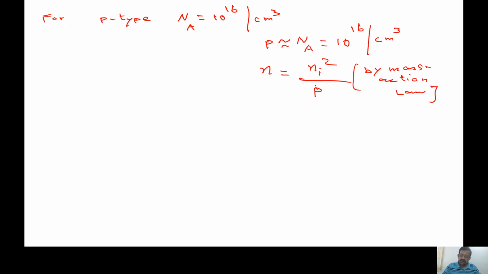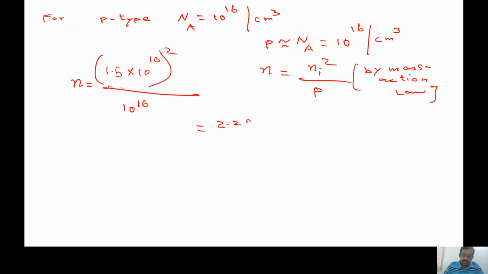The product of n and p is always constant, and that is equivalent to ni square. It is only temperature dependent, right? So I will have n equal to 1.5 into 10 power 10 whole square divided by p, which is 10 power 16. I actually end up getting 2.25 into 10 power 4 per centimeter cube.